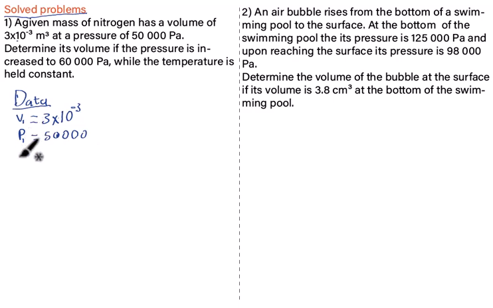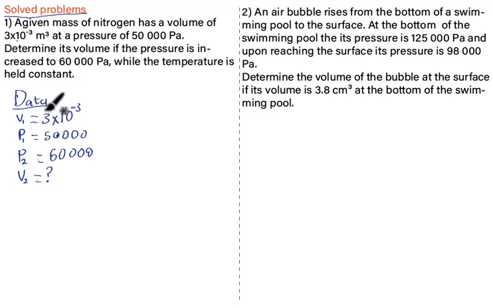And we also have P2, I'm sorry, it's actually P2, right? P2 is 60,000, and we are to find V2, volume at the end, question mark.